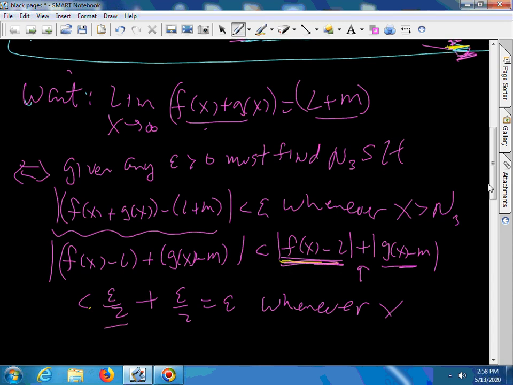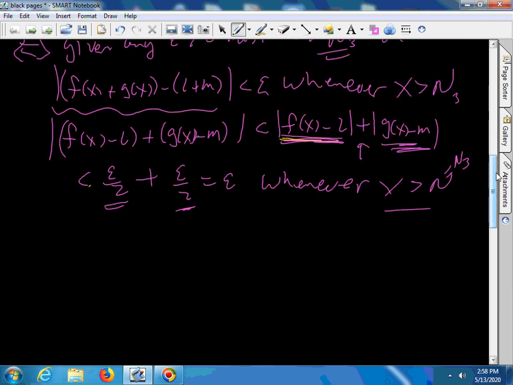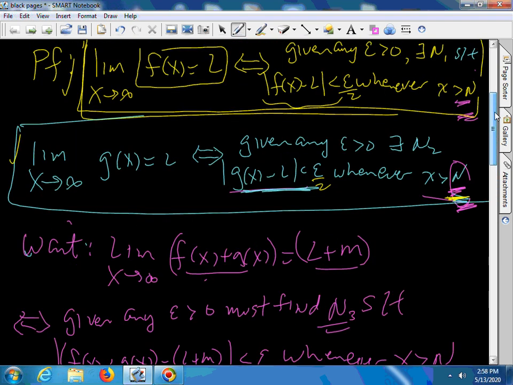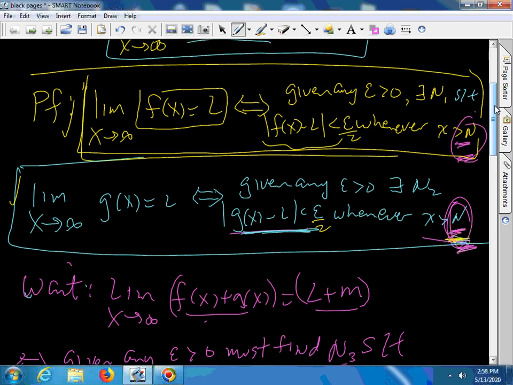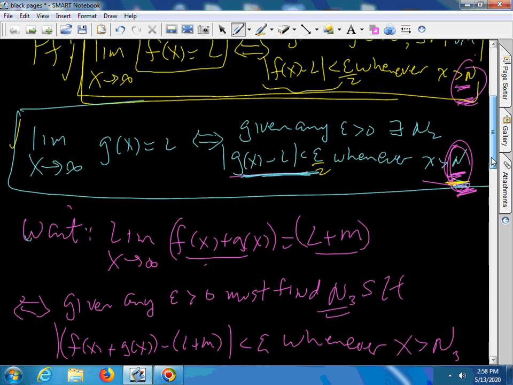This was less than epsilon over 2 when x was bigger than n1, and this was less than epsilon over 2 when x was bigger than n2. So our n3 should equal the n that we got earlier, which was the max of n1 and n2.